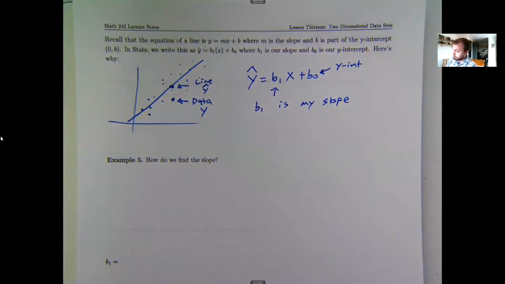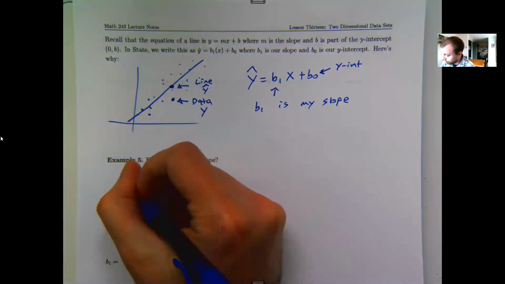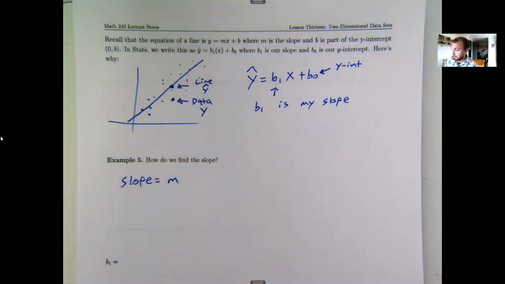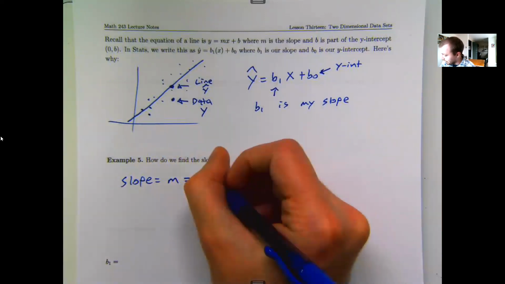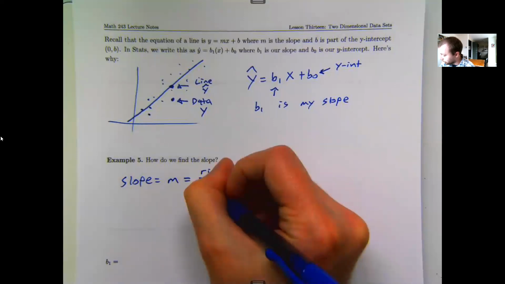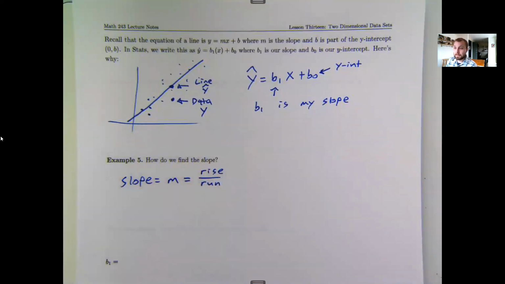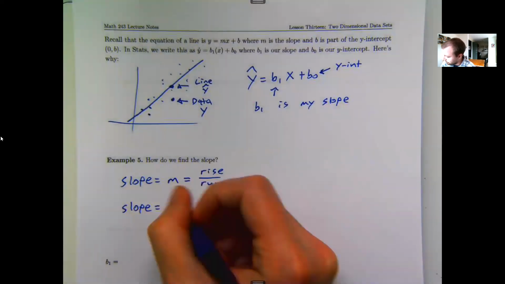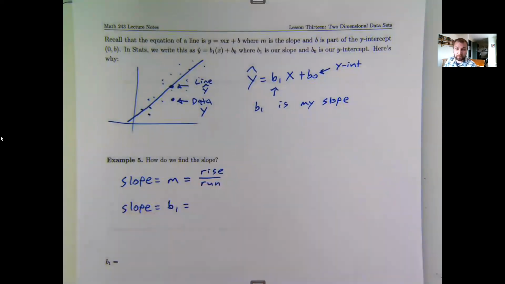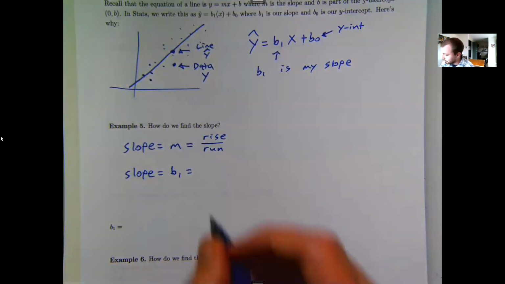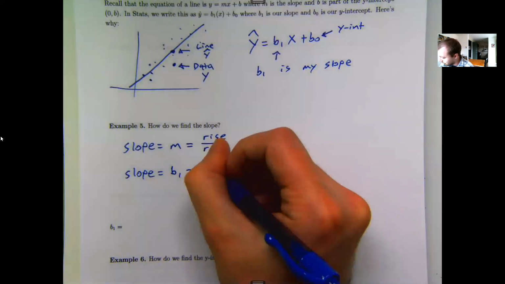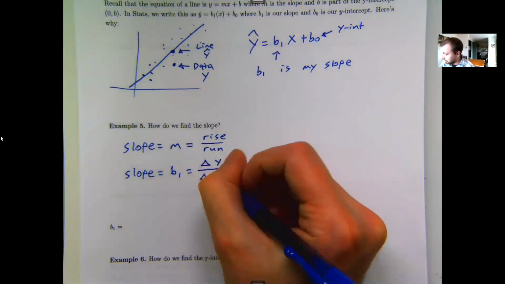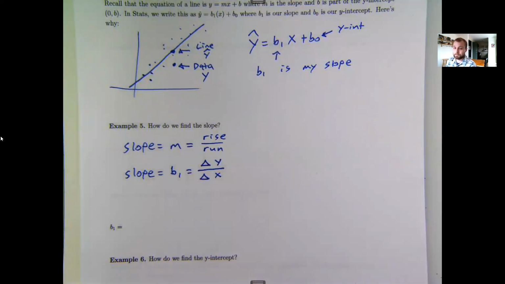How do we find slope? Well, slope, which previously we'd been calling M, we had as rise over run. Now in stats, it's still going to be the same thing, but we're using the letter B1 for it. And it's going to be the change in my y values over the change in my x values.